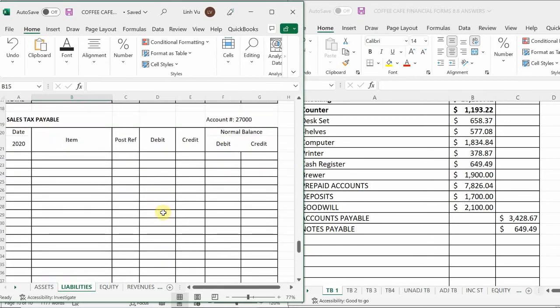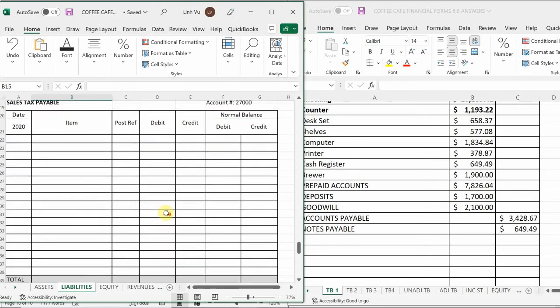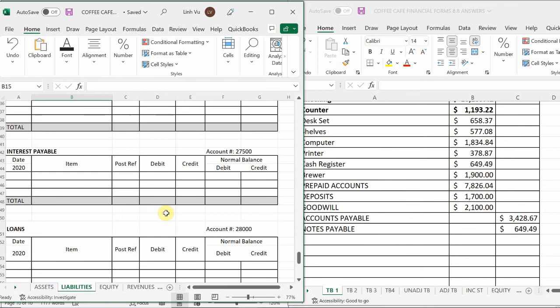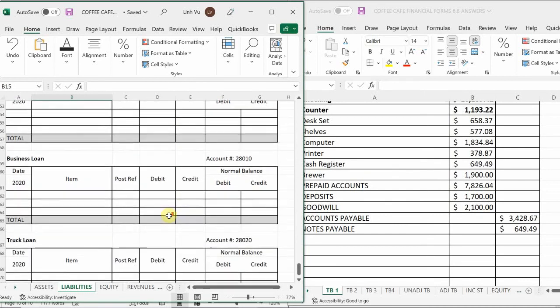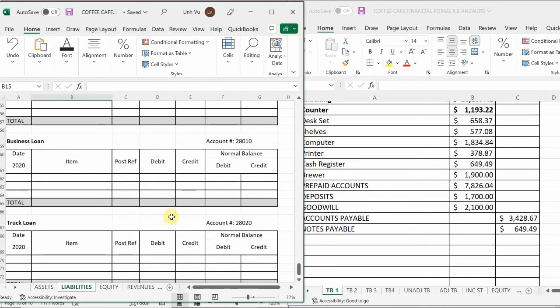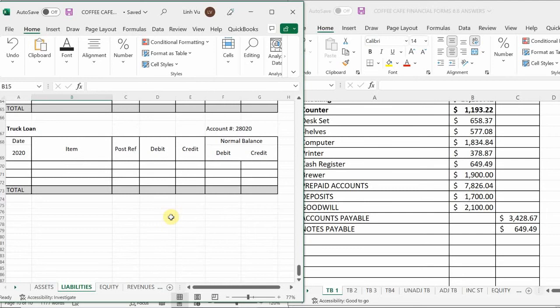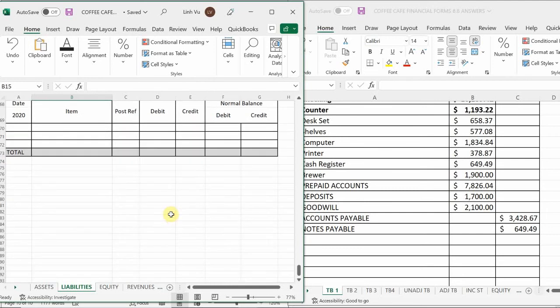We haven't opened our store, so we haven't collected sales tax yet. Okay? Interest payable. We haven't done anything yet to collect interest. Loans, we haven't taken a business loan yet, nor have we taken a truck loan yet. So in this case, we're good to go with liabilities.